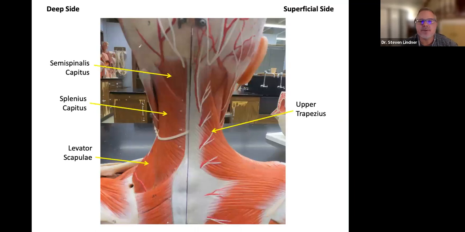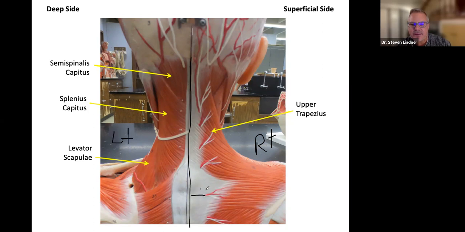Let's look at some of the posterior muscles. Now, this is important to understand the actual anatomy here. So on the right side, this is the right, and this is the left side. We're looking at this individual from the posterior. On the right half, I'm just going to draw this black line here. So everything to the right, this is superficial.